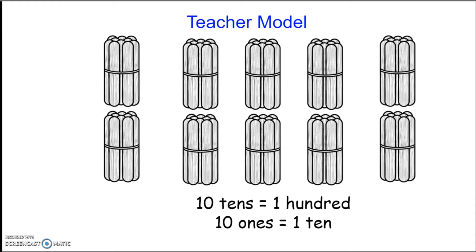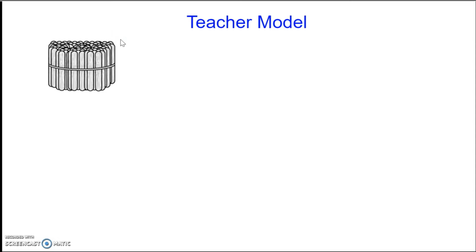Now we are going to bundle 10 tens to make 100. So let's see what 10 tens looks like when we make it 100. Let's take a look. Great, we have 100 there. Before we move on and keep going, my friends, how many hundreds do you think will make 1,000?